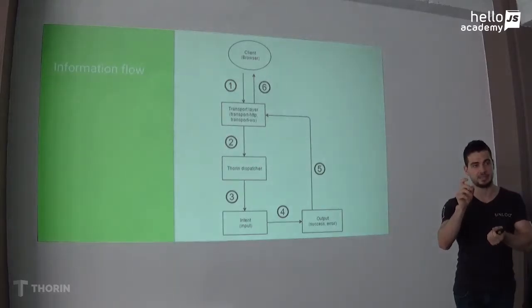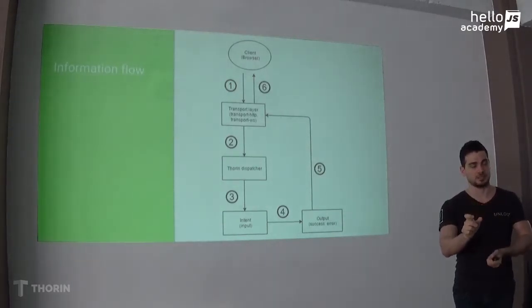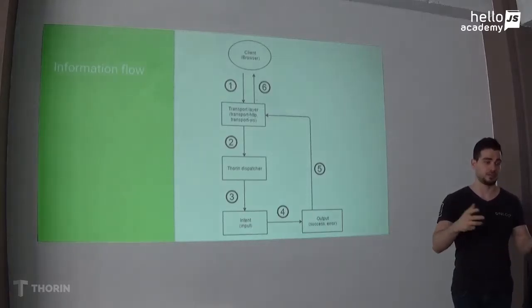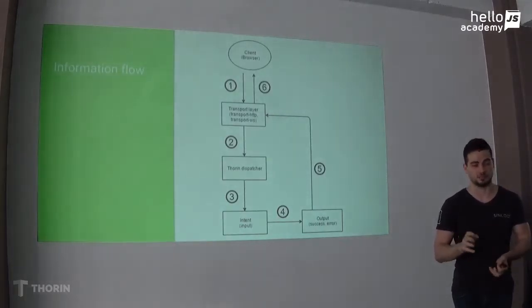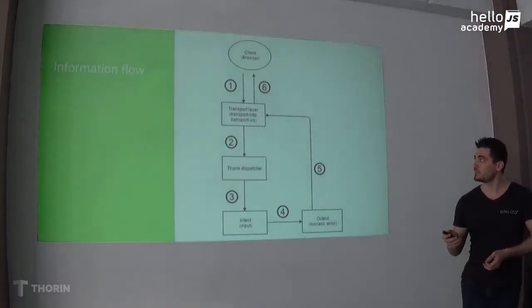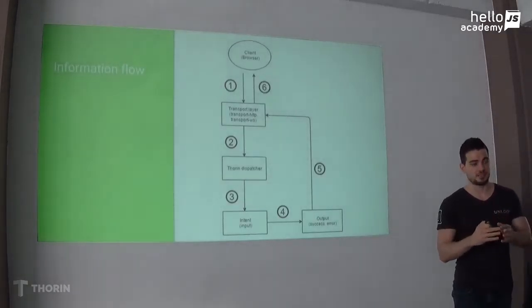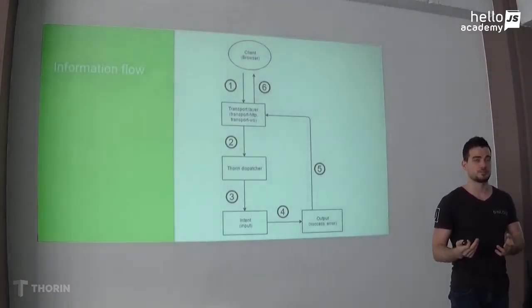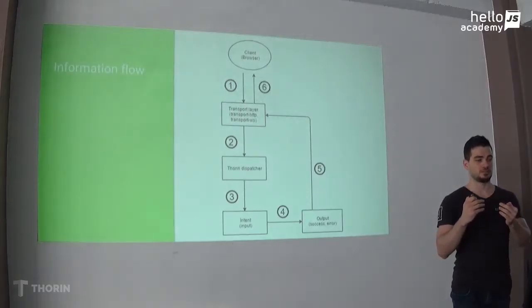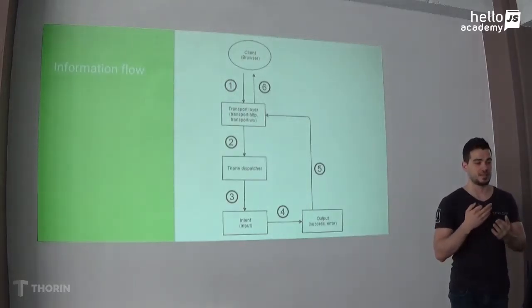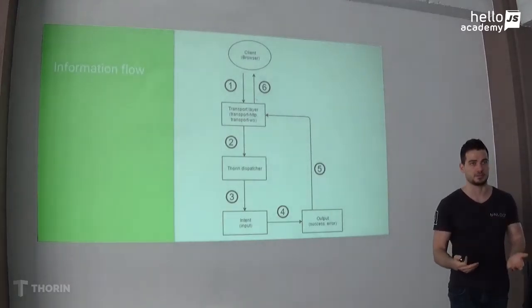So it validates that the incoming object has a type key and a payload key. If it doesn't have a payload key, it can get a default value. But in essence, it validates that you have the type key because Thorin works with actions.